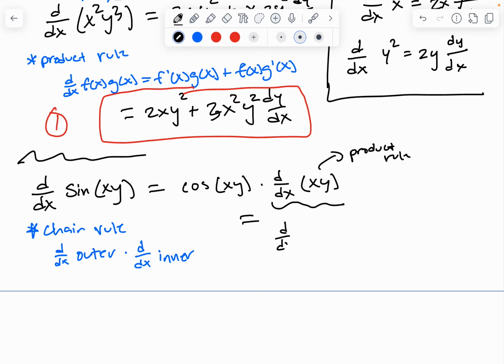d dx of xy is equal to, so we have f prime of x, which is just going to be 1, times g of x. So it's going to be 1y plus f of x, which is just x, times g prime of x, which is 1 dy dx.